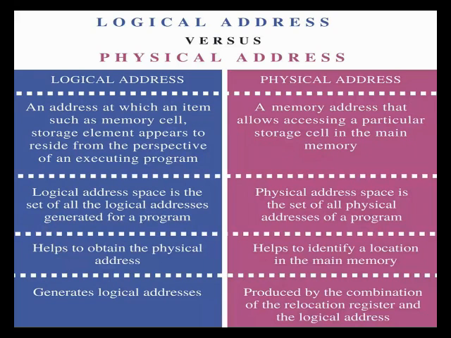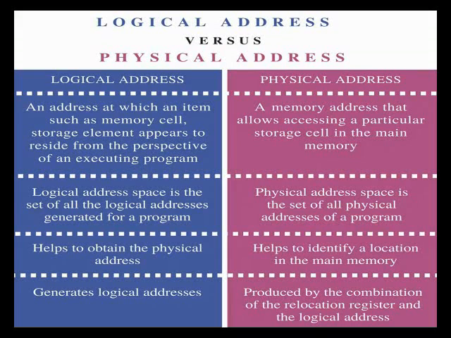Now, what is the difference between logical address and physical address? A logical address is an address at which an item such as a memory cell or storage element appears to reside from the perspective of the executing program.